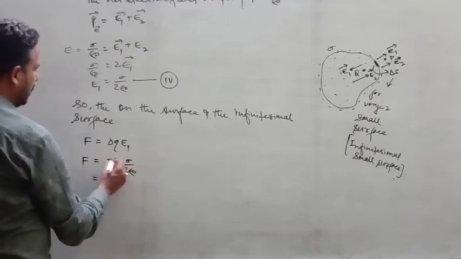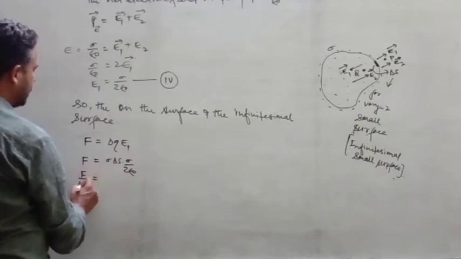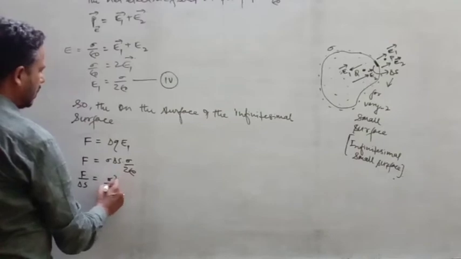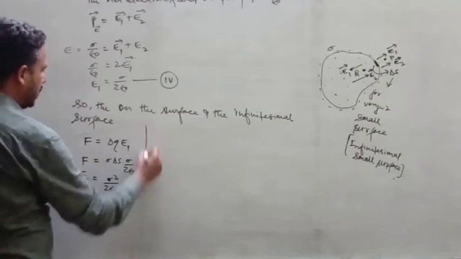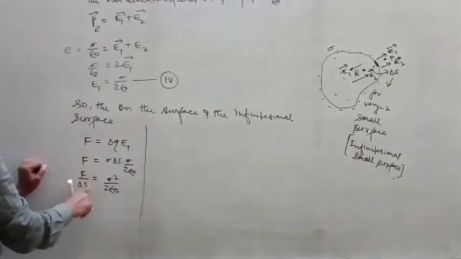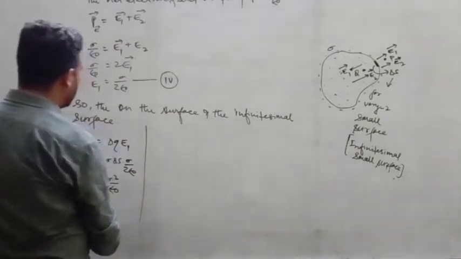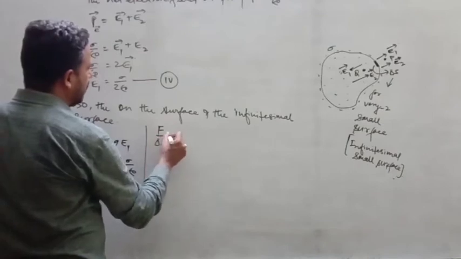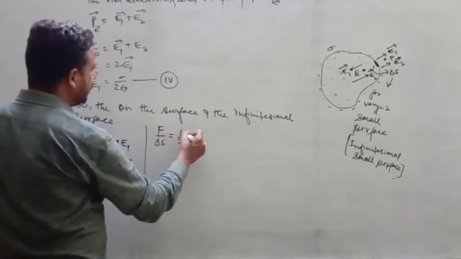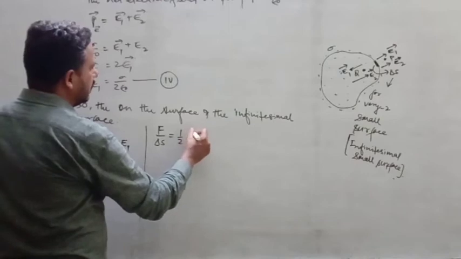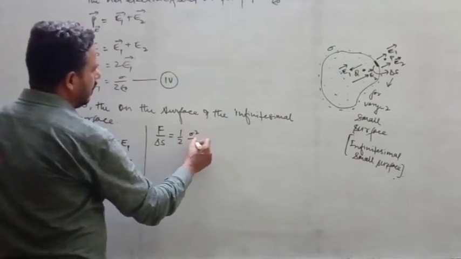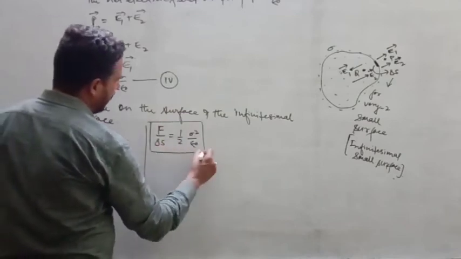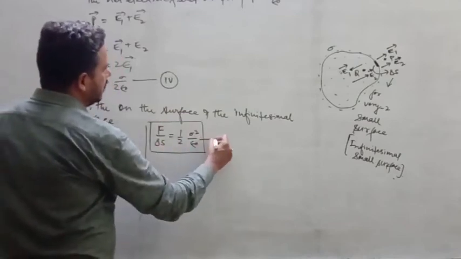Now you just divide this force by the surface area, and here is sigma by 2 epsilon naught. So what you are seeing is that this is not only force, actually this is force per unit area. So your force per unit area is equal to half of sigma square by epsilon naught, and this is your result. This is your equation 5.